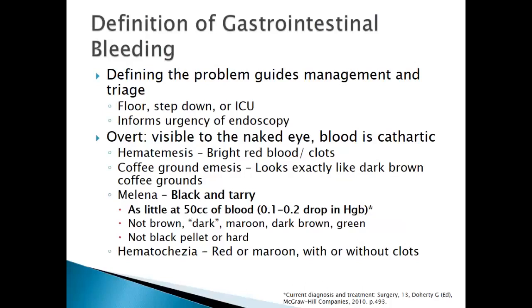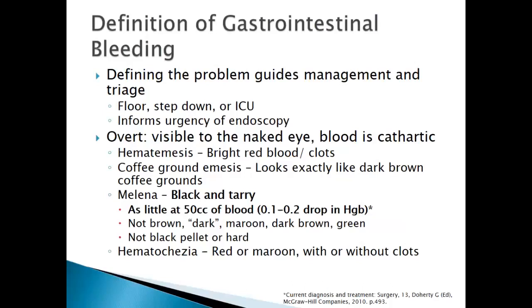And then melena is black and tarry, and I think that especially with communication from the ER, from the nurses, you guys hear melena, but especially with the nursing staff, they tell you melena, and then it's actually not melena. So I think it's important to know that melena is black, but it's also tarry.